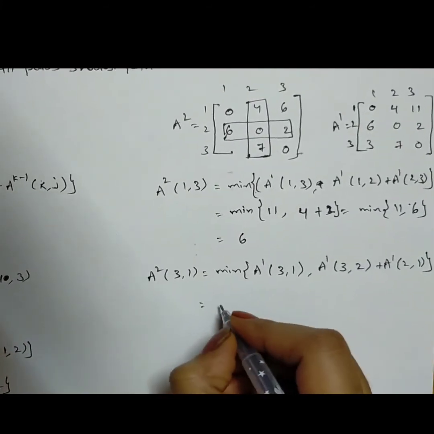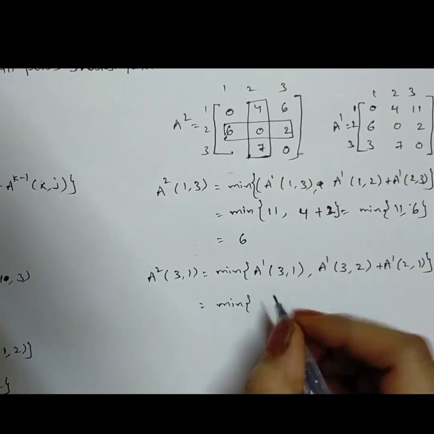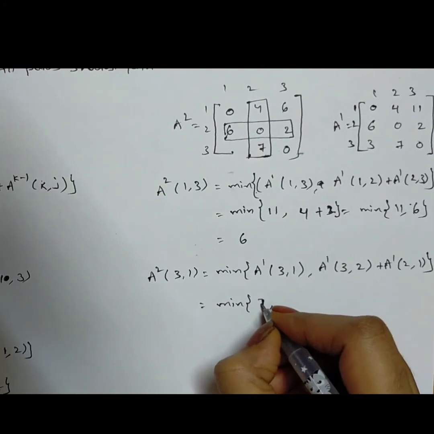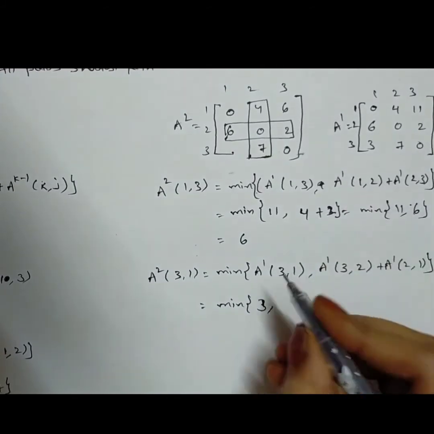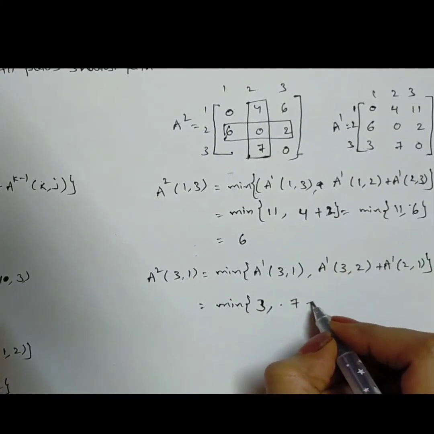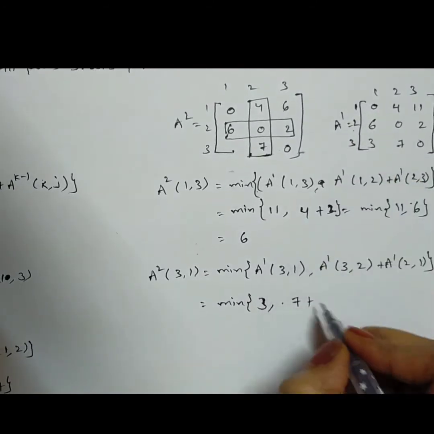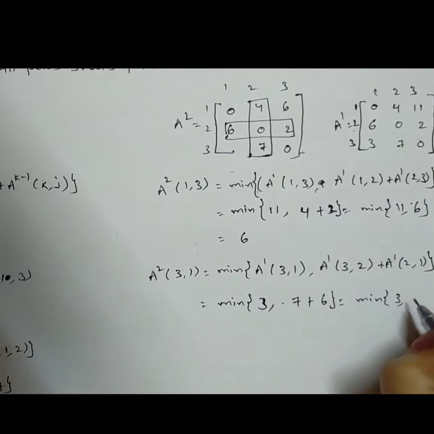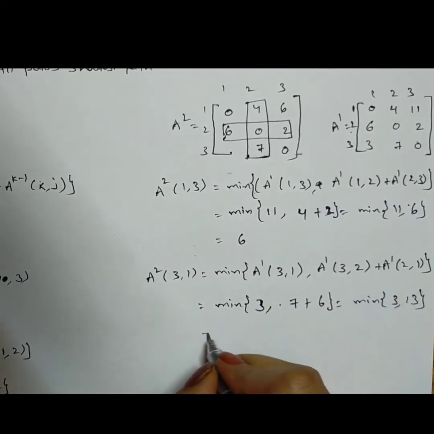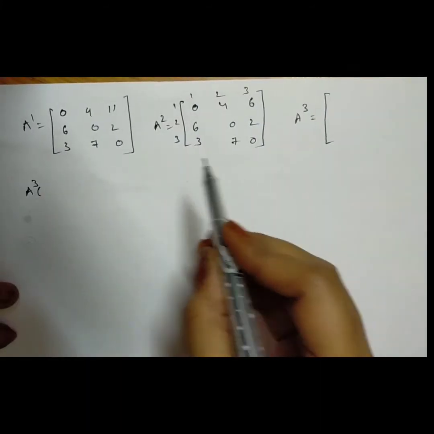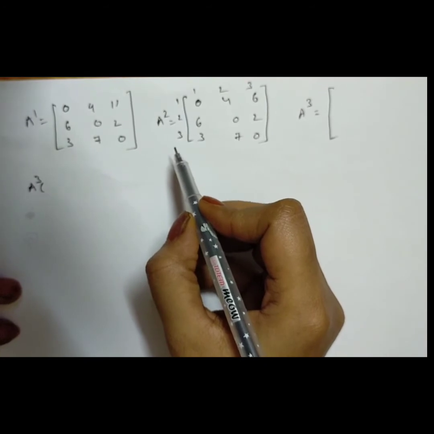Okay, see, minimum of: (3, 1) value is 3, comma a1 of (3, 2) value is 7 plus a1 of (2, 1) value is 6. So minimum of 3, 13. In these two values, the minimum value is 3, so the value remains unchanged. Till now you have seen the shortest distance up to vertex 2.